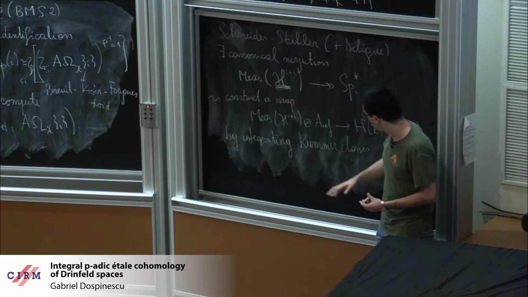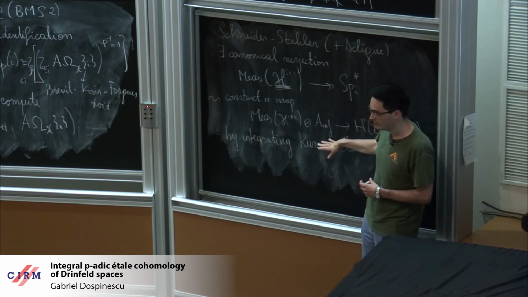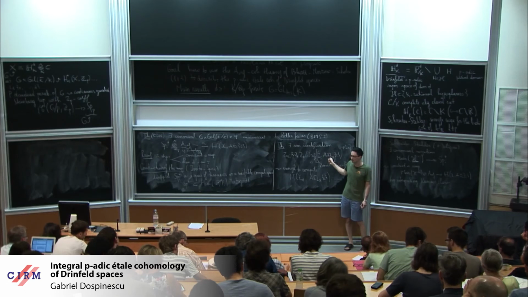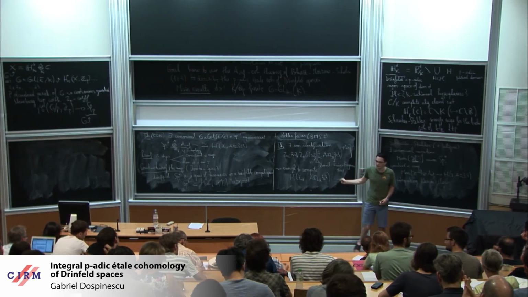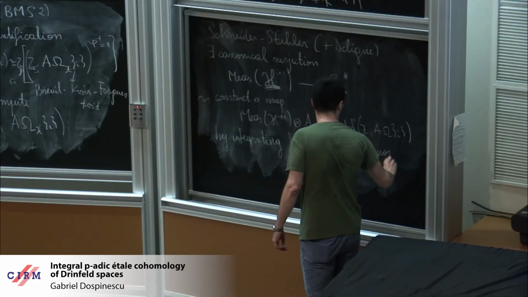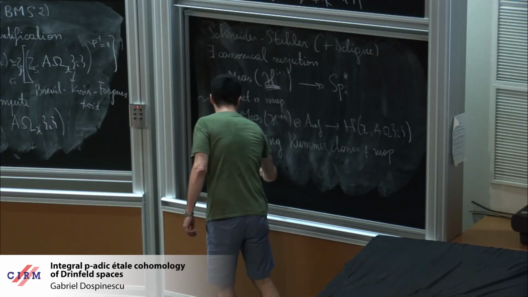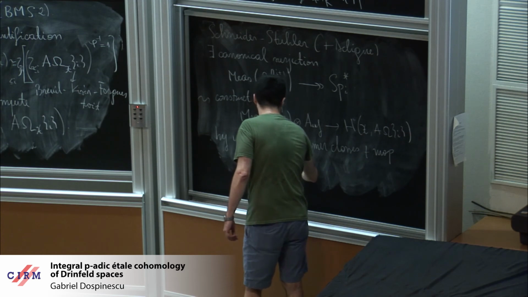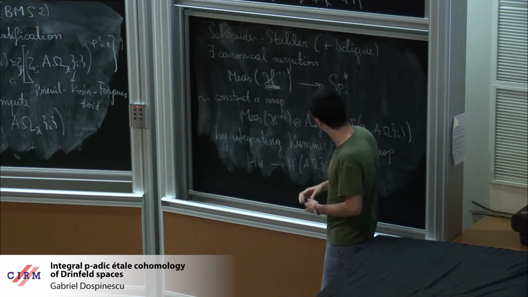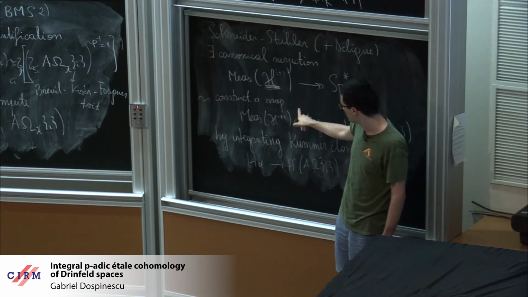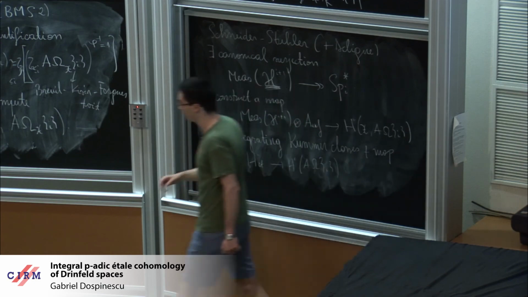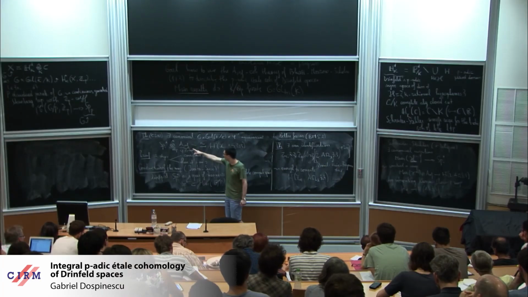So the Kummer classes a priori live in étale cohomology, but then you can use this comparison result to move to A-inf cohomology. So you have a map from étale cohomology to A-inf cohomology, plus the map from H^i étale to H^i of A omega. And then you have to show that this map extends continuously to the completed tensor product, and this is how you get the corresponding map from here to here.